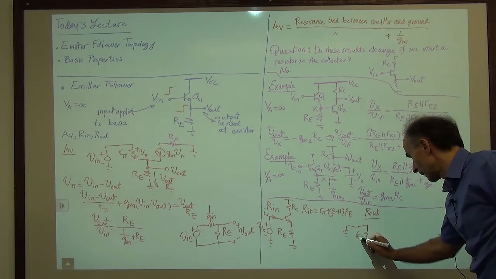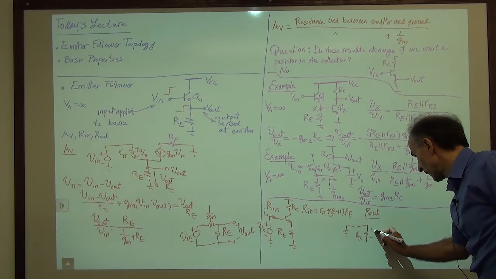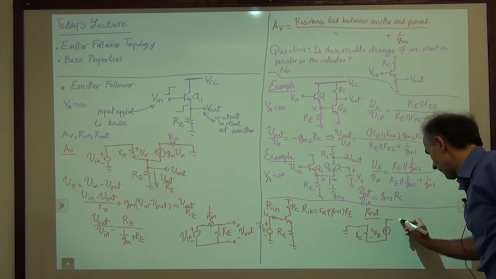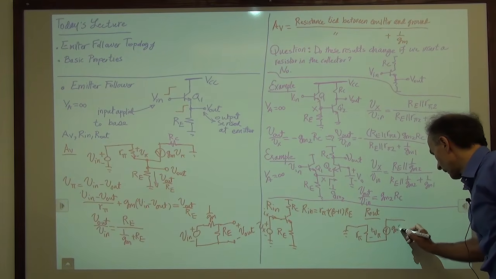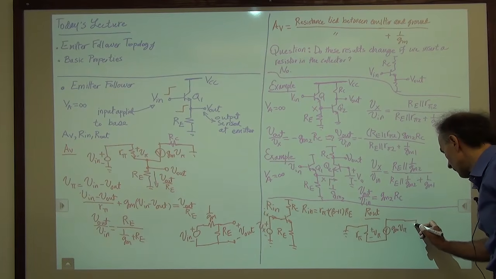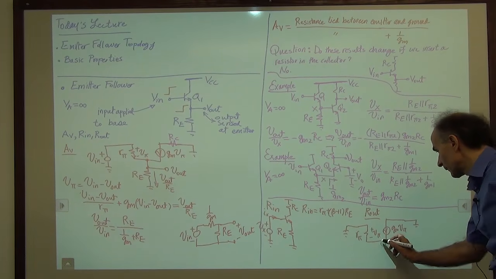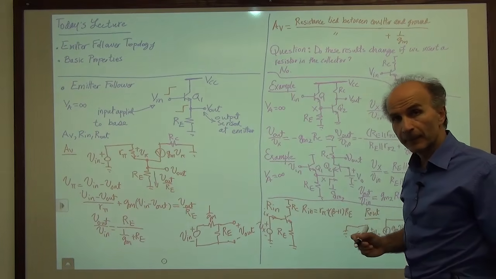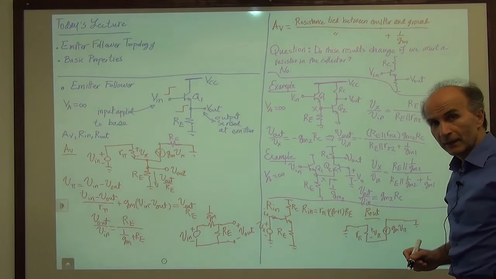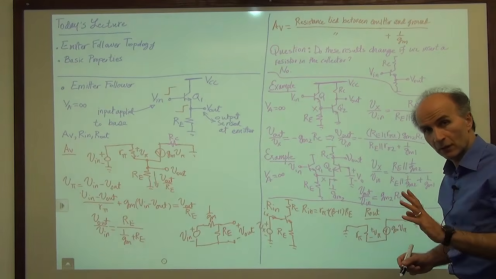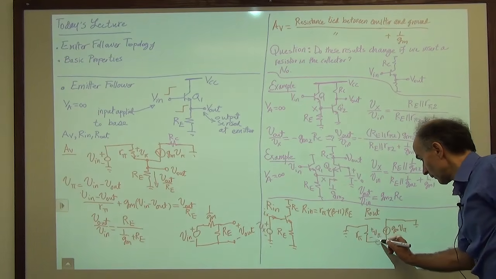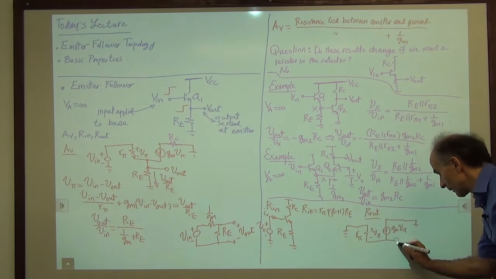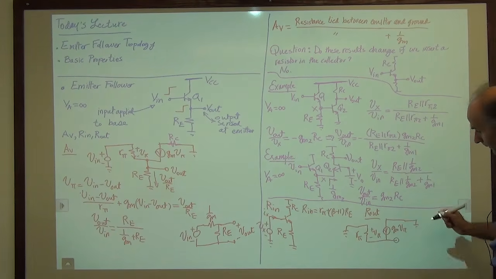We have R pi here. Then we have V pi. Then we have gm V pi. The collector goes to ground. And now we have a resistor from emitter to ground, right? Okay, I will draw that a little to the right, just for a reason. So I draw it here.